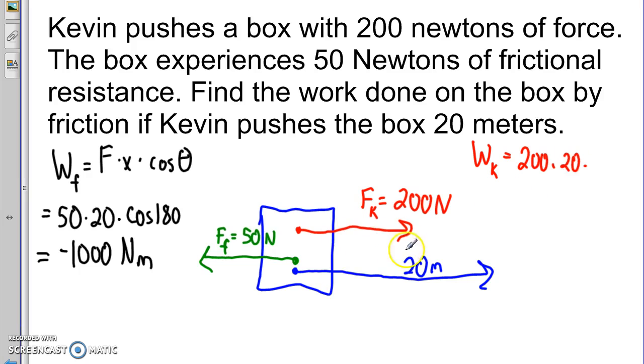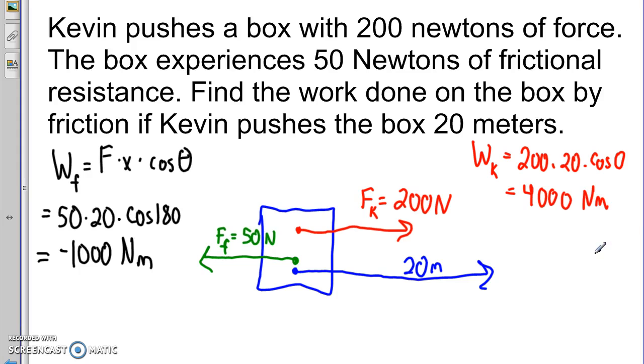Here, hopefully you can see that these are in the same direction, and so you'll get the cosine of 0, which, as we discussed earlier, is equal to 1. So that would be 4 times 10 to the third, 4,000. And you get 4,000 Newton meters of work. So Kevin actually does 4,000 units of work.